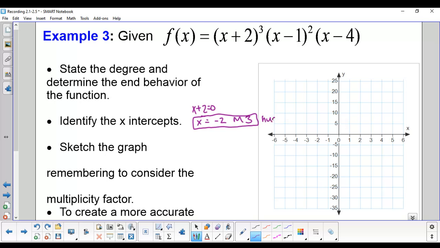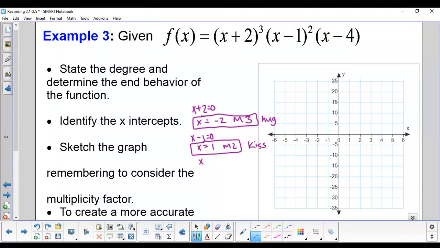Therefore, it is a hug of the graph. Then I have x minus 1 equals 0, so x equals 1. This is a multiplicity of 2, and a multiplicity of 2 means we're going to kiss the graph.